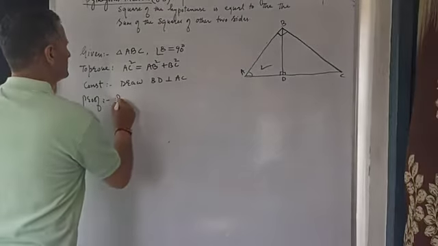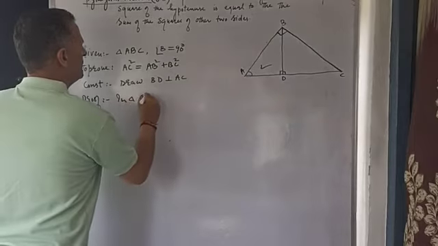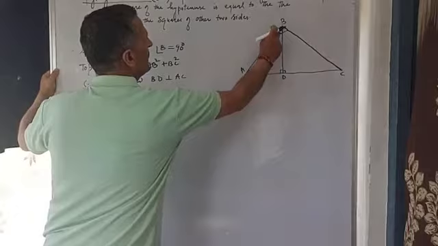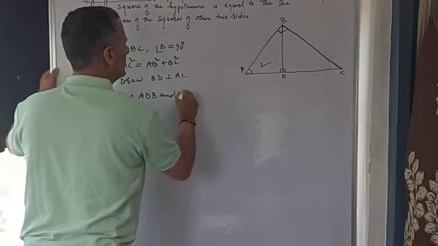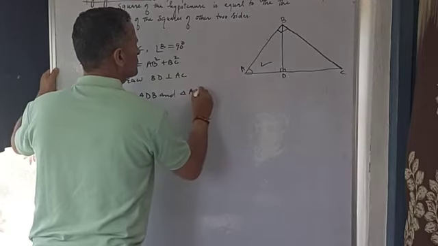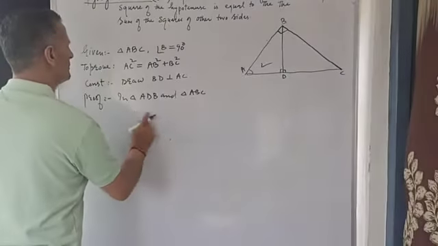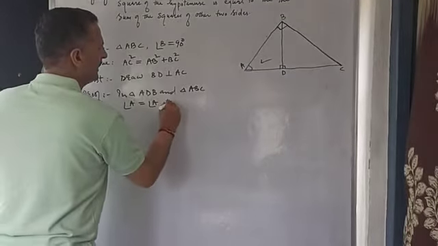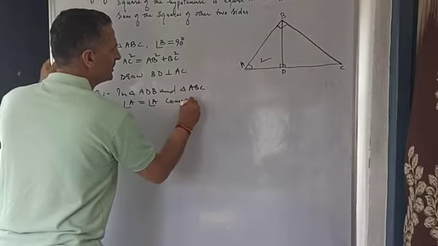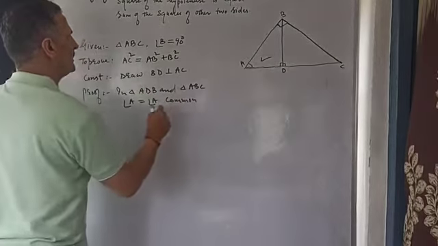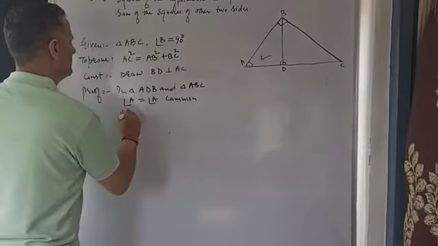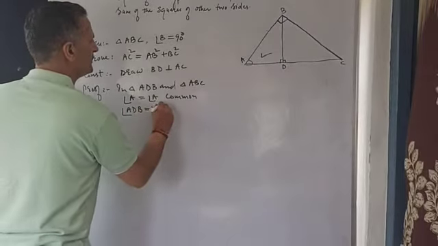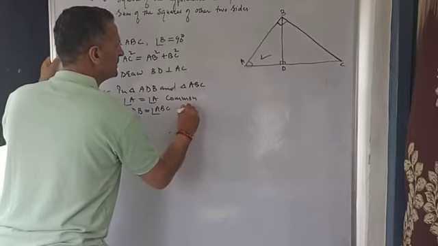Triangle ADB and triangle ABC. I will prove these two triangles are similar. You see, angle A is common in both. Angle A equal to angle A, it is common in both the triangles. So angle ADB equal to angle ABC, each 90.